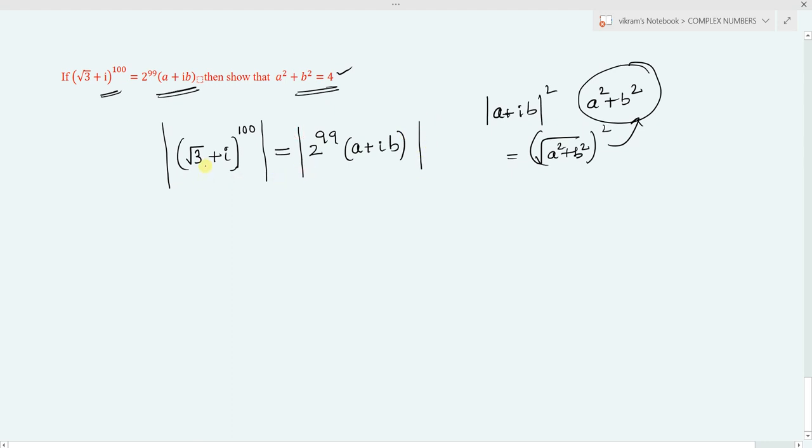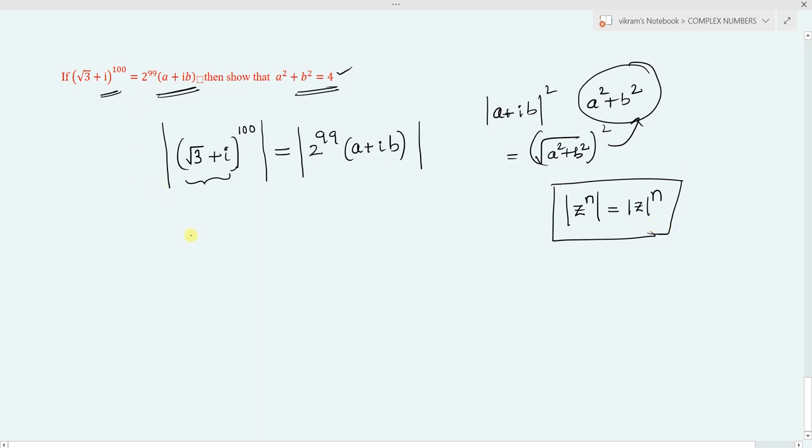We have seen in the properties of the modulus of a complex number that modulus of z power n can be written as mod z whole power n. Now apply this property here.